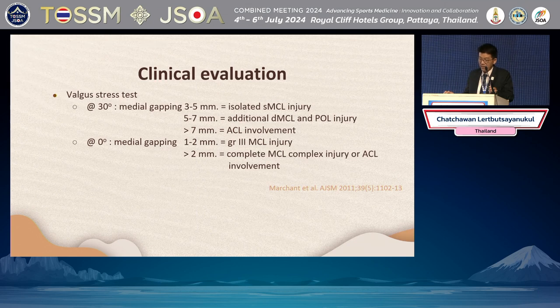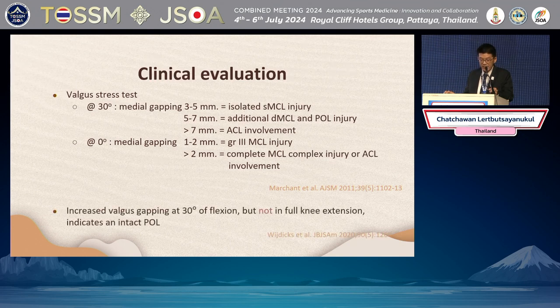To assess the degree of medial knee injury, the valgus stress test is performed at both full extension and with the knee flexed at 30 degrees. More medial gapping indicates more extensive ligament injury. Increased valgus gapping at 30 degrees of flexion but not in full knee extension indicates an intact POL.